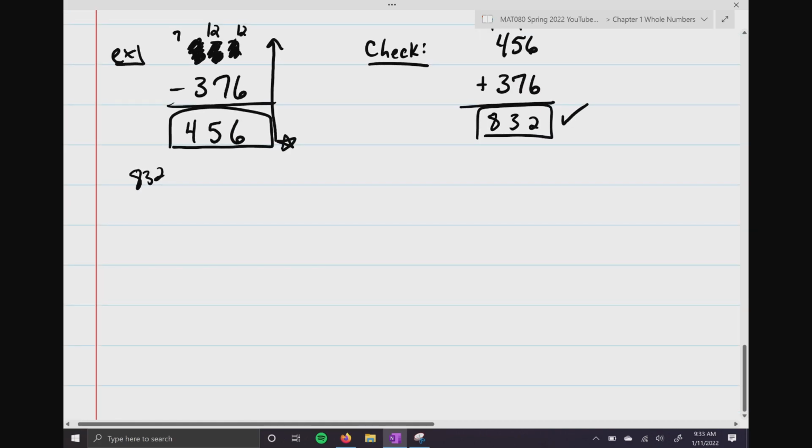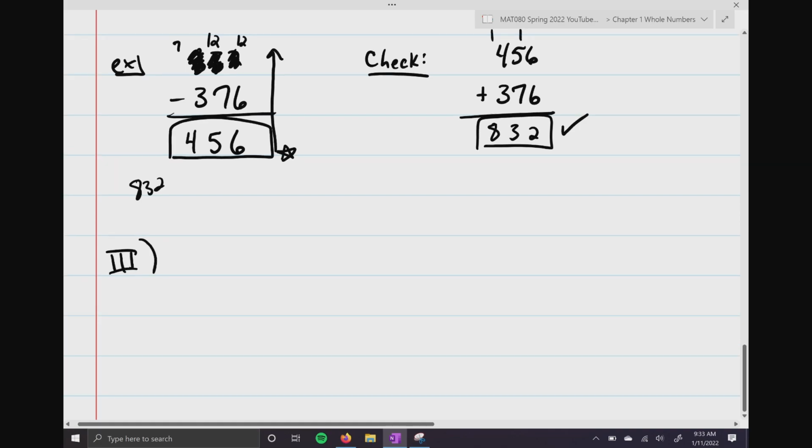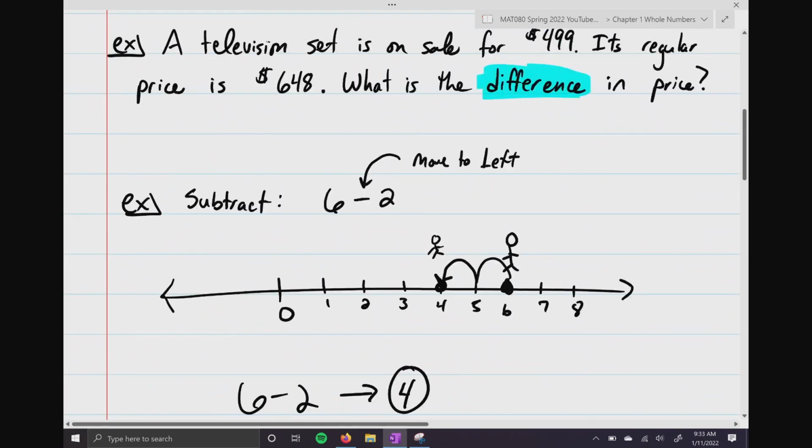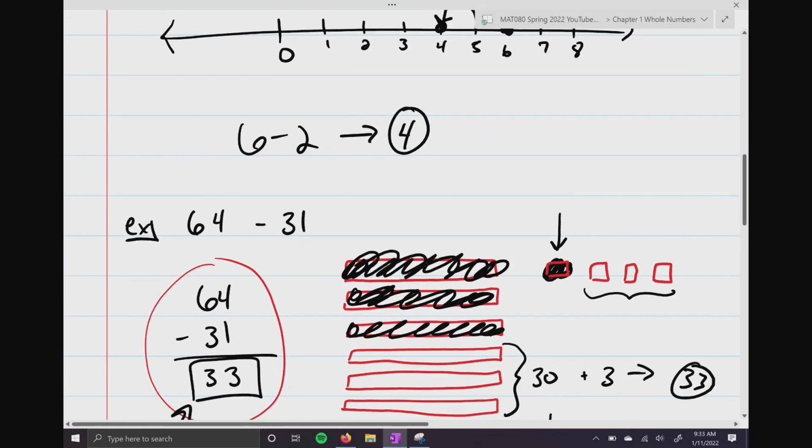So now we're going to get into the third thing that we want to talk about. Sorry, I've been kind of bad here. Let me see here. This was number 1, which is subtraction notation. Sorry, you're going to hate me for this. And then this is number 2, which is actual subtracting whole numbers.